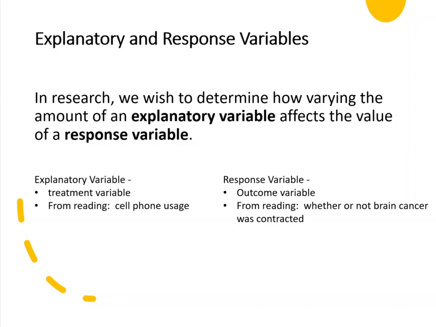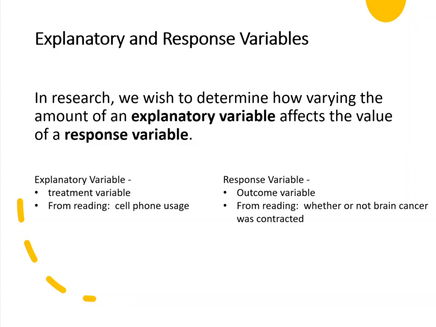Now, there's an example in the textbook talking about a study on cell phone usage, and they wanted to know whether or not cell phone usage was causing an increase in brain cancer. So holding the cell phone up to your ear, was the radio frequency off of the cell phone causing an increase in brain cancer?